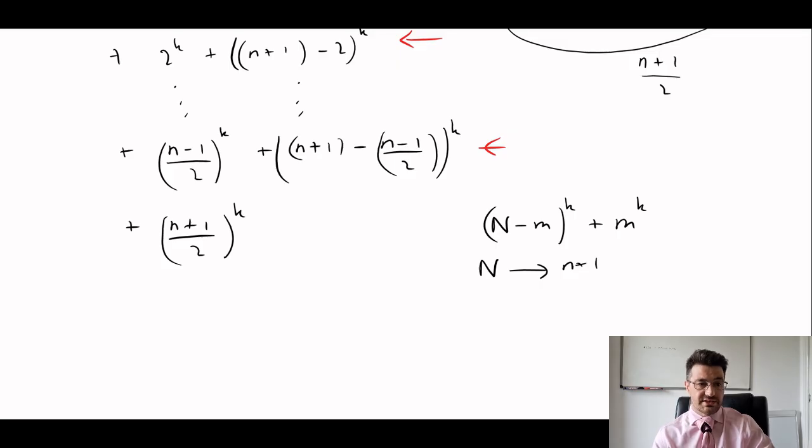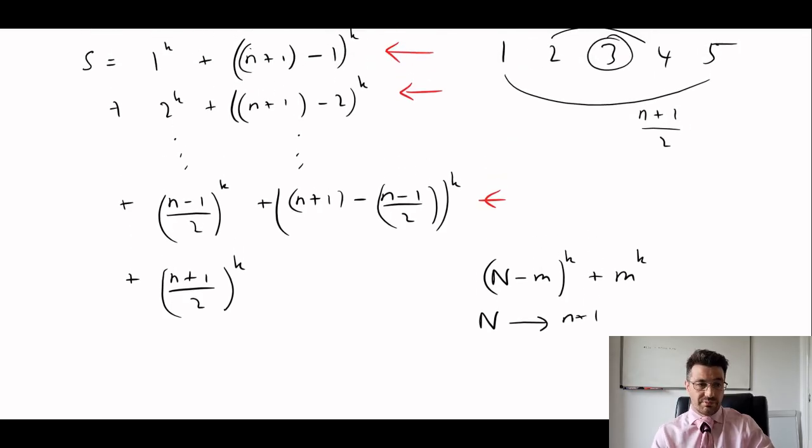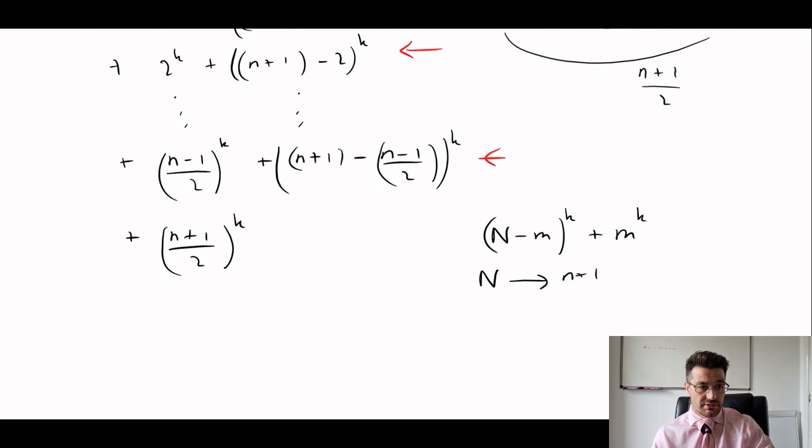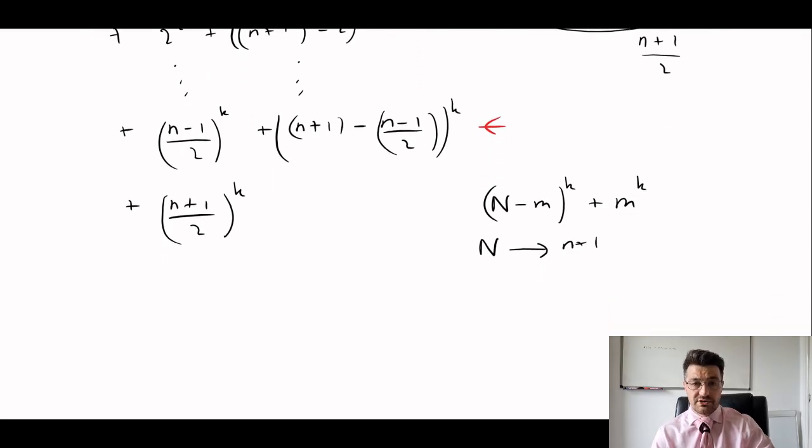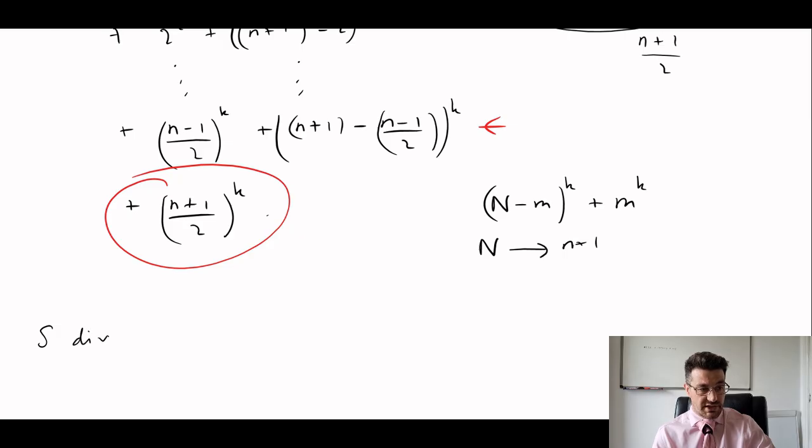So therefore each of these is divisible by n plus 1. In particular, they're going to be divisible by n plus 1 over 2. And finally, this final term is also divisible by n plus 1 over 2. So therefore, S, which we've already shown is divisible by n because n is odd, is also divisible by n plus 1 over 2.